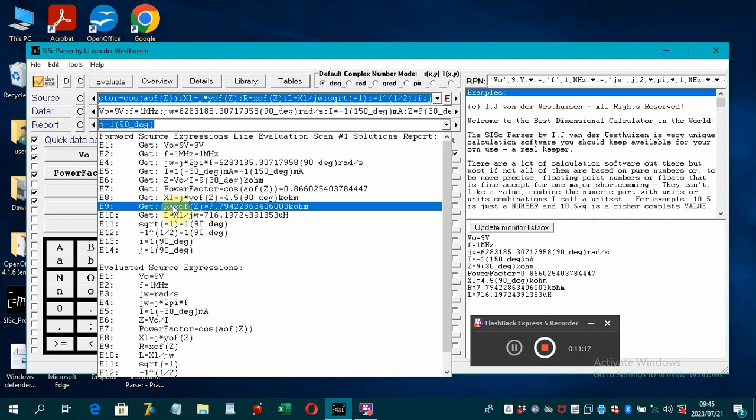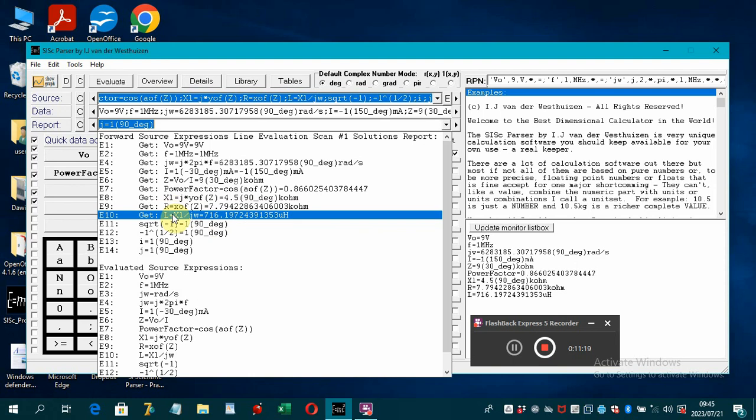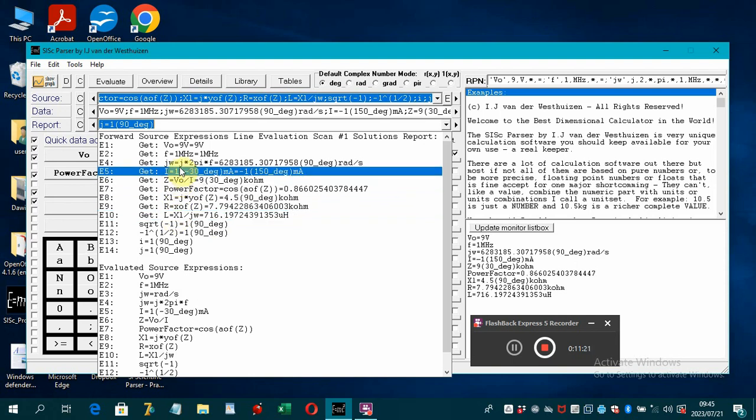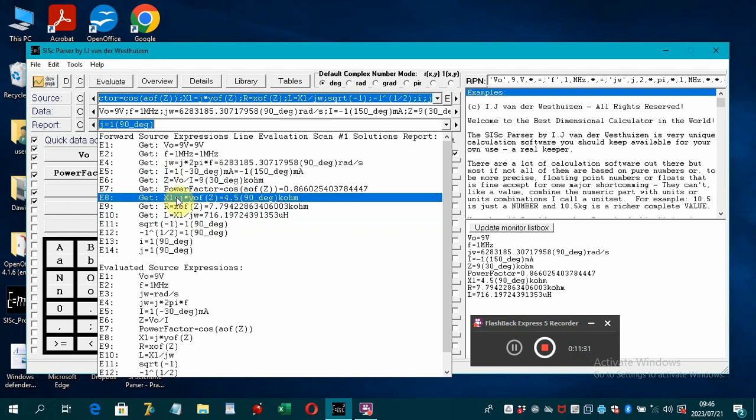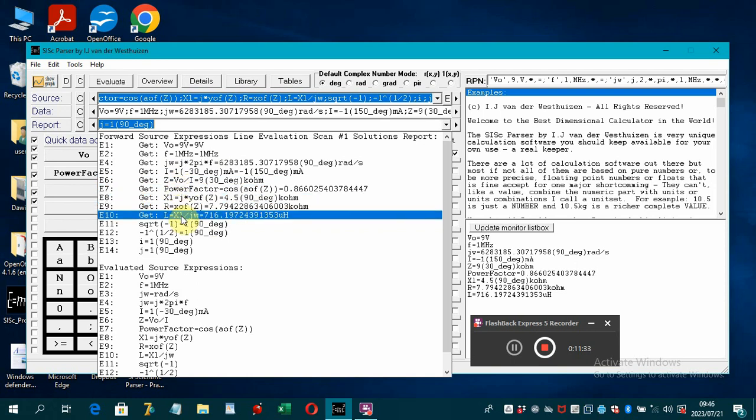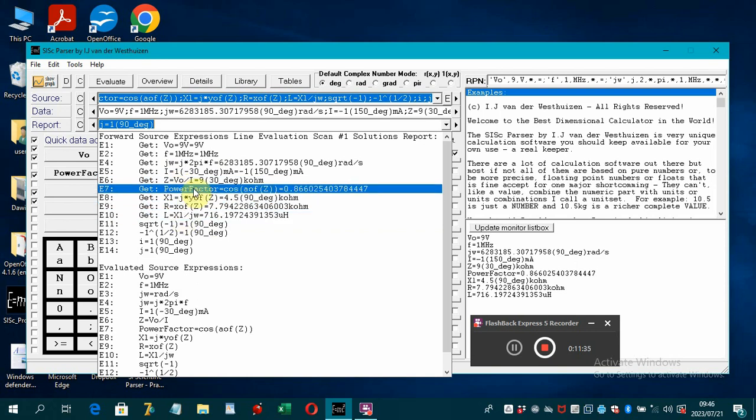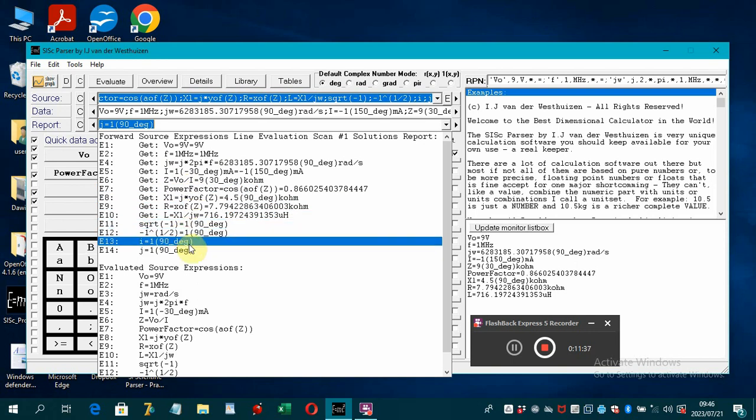So if you have this resistor and that coil value, you will get a phase angle I of 1 minus 30 degrees milliamp. So basically I use the current, I've prescribed the current, and then I calculate the value of R and L basically, and also the power factor. So here you can see the full calculation.